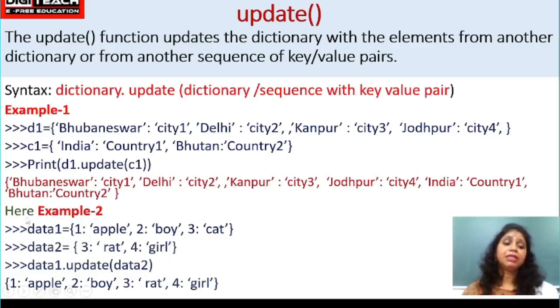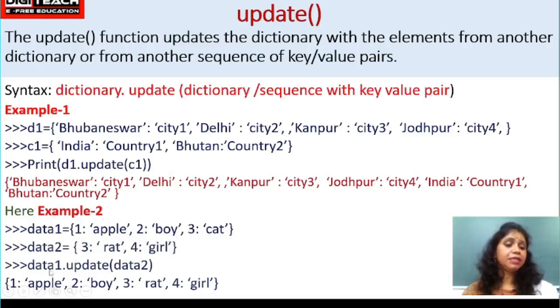Similarly, the second example is also very important. Here I have defined two dictionary variables, data1 and data2. Data1 contains 3 keys, 1, 2 and 3, having the values apple, boy and cat respectively. Data2 contains 2 keys, 3 and 4. So, you can see the key 3 exists in both dictionary variables.